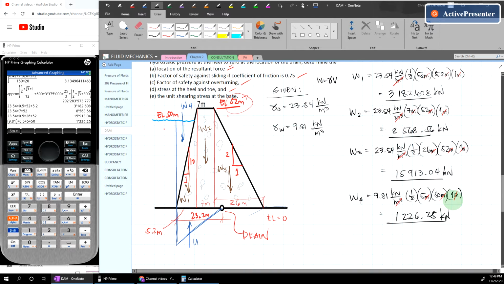Okay, so i-total ko lang yung lahat ng downward forces natin, or so of course meron tayong resultant dito, no?